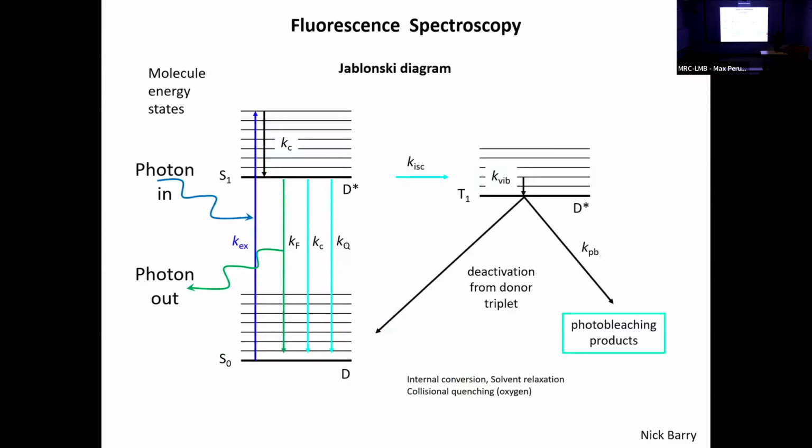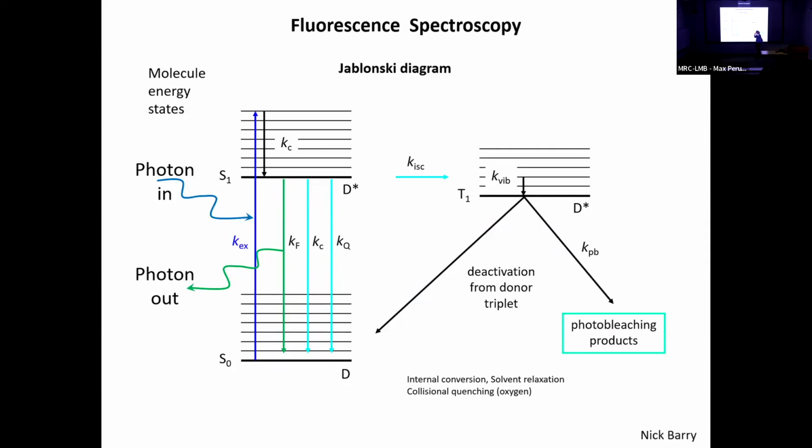What's interesting about that is that it immediately leads to some other thoughts. So we can think about the way that those dyes work in terms of these Jablonski diagrams. So we've got the ground state, you put in some energy in the form of a photon, you get up into the singlet state. And it's this substructure here that leads to the broadness of the emission spectrum. We get down from the singlet state with the emission of a photon, but you can see it's coming from a lower energy level than the one we went to.